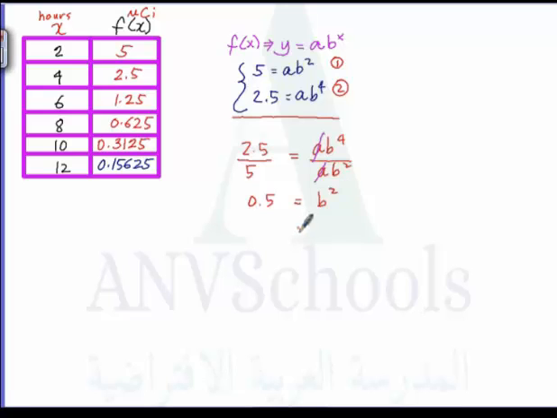And to take out the square of the b, we raise both sides to 1/2, or get the square root of both sides. So our b then would be equal to the square root of 0.5, and that would give us 0.707. Let's have this one.